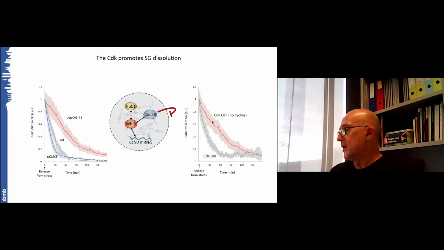So if the CDK was off because there were no cyclins around, then dissolution was strongly delayed compared to the conditions where we had the CDK on. So somehow the CDK, directly or indirectly, was inhibiting stress granule stability, or was fighting against the stability of stress granules once formed.